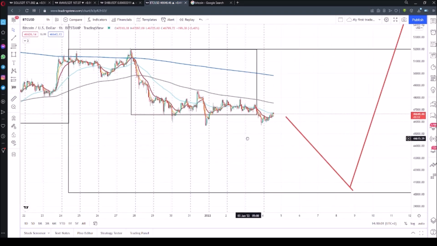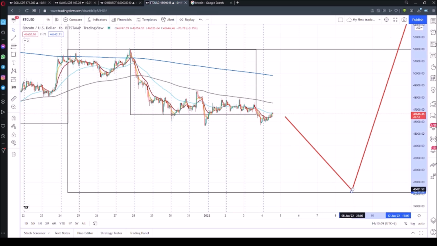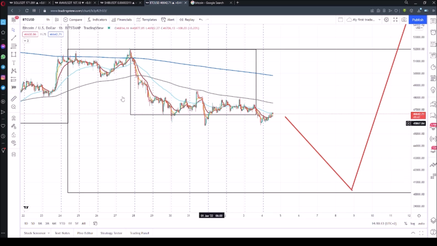As I've said, I'm now anticipating to see the second day of drop and then the third day of drop for us to see an ultimate reversal on the H4 time frame, which is going to probably give us all-time highs on Bitcoin against any stable currency.